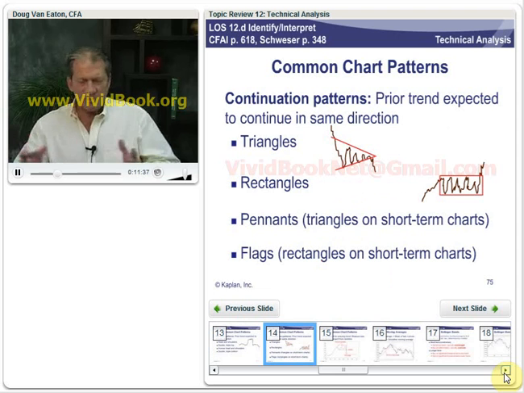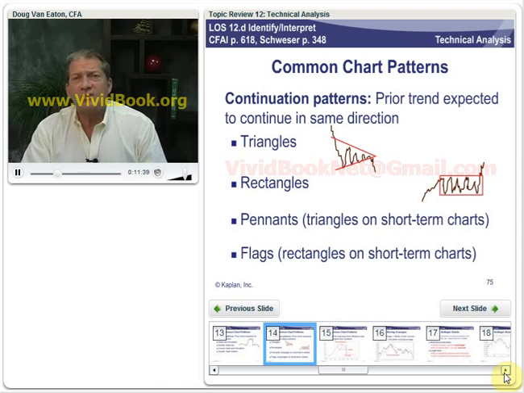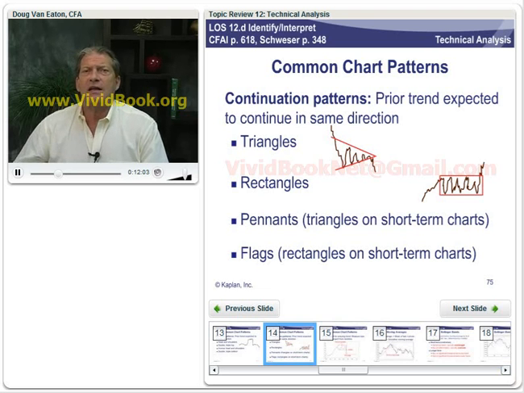Now, the opposite of a reversal pattern is going to be a continuation pattern. And these are indicators that the prior trend is expected to continue. And we've got two illustrated here, triangles and rectangles. You can see with the triangle that we're in a downtrend, and then we get the triangle formation, and then out of the end of that triangle, we get a continuation of the downtrend.